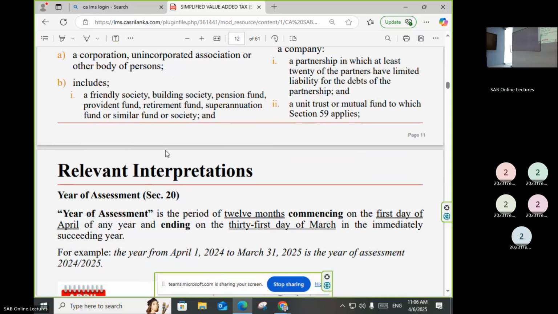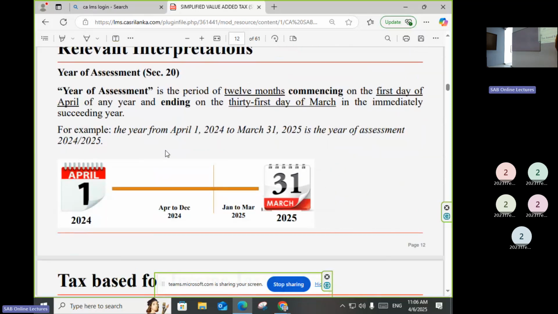Right. So now, what is year of assessment? Now, the definition they have given. Year of assessment: for the tax purpose we know that the person chargeable for Sri Lanka income tax period is the year of assessment. So what is year of assessment?